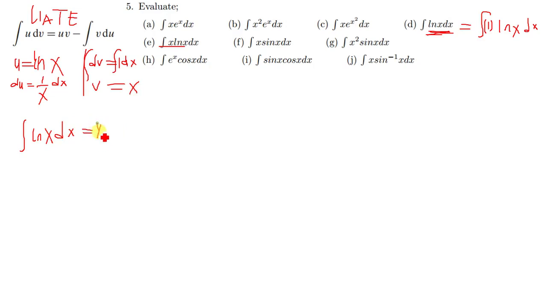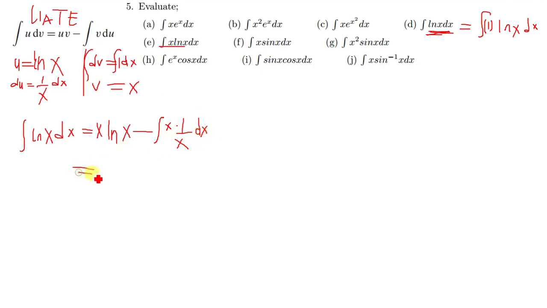So in short, we're going to have x ln x minus the integral of v, which is x, and then du is 1 over x dx.